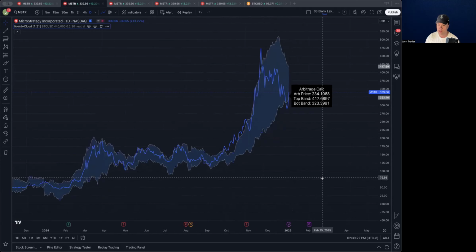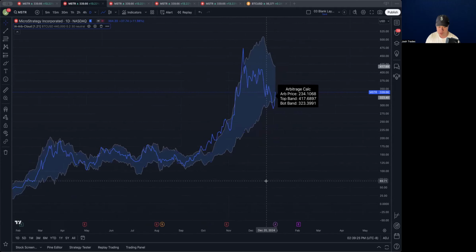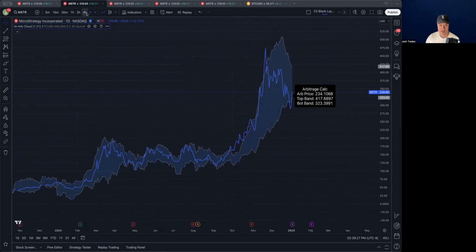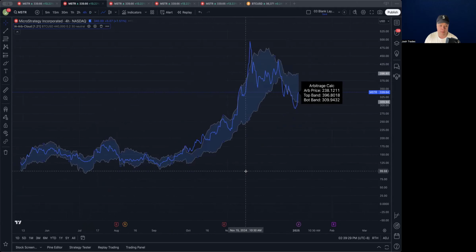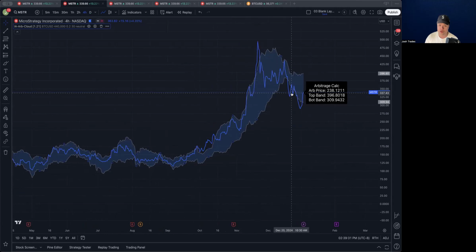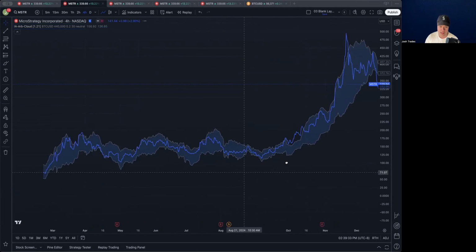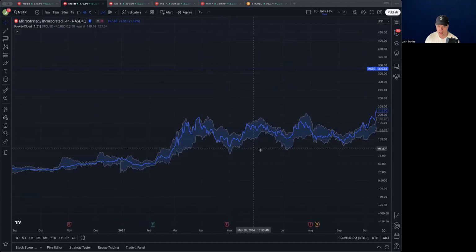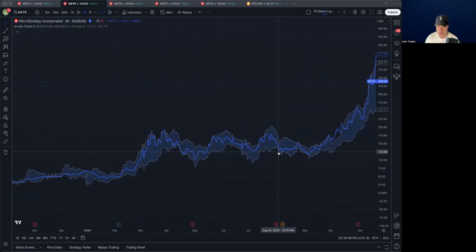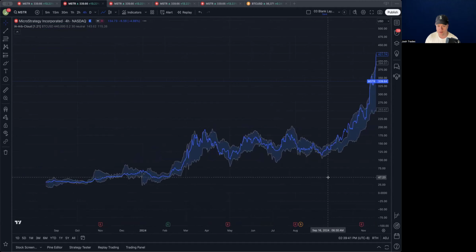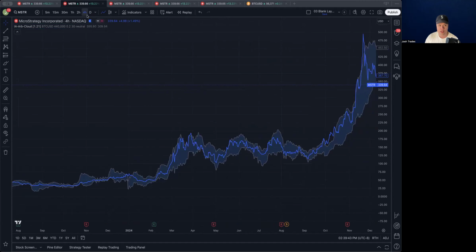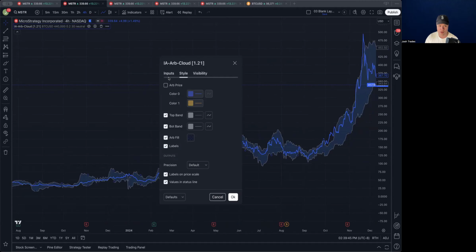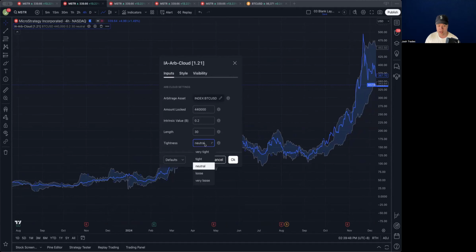So just to keep things simple, what using the ARB Cloud model looks like on the day-to-day, even if a DCA strategy, is you buy when we're underneath the cloud, and there's always opportunities. You can find them if you look closely at the chart here and here, and sometimes you need to zoom in. But another great way to use the tool is, let's say we want to start trading it a little bit more.